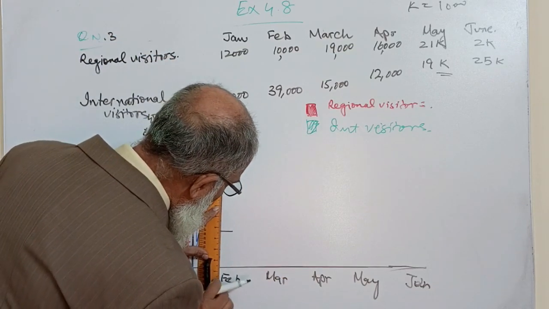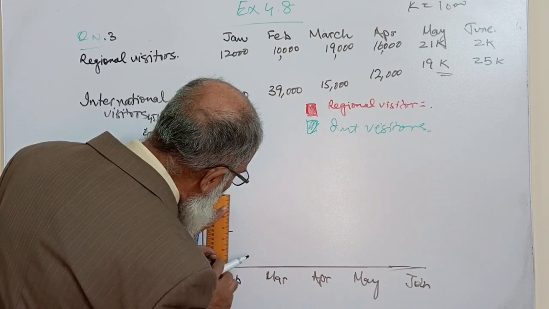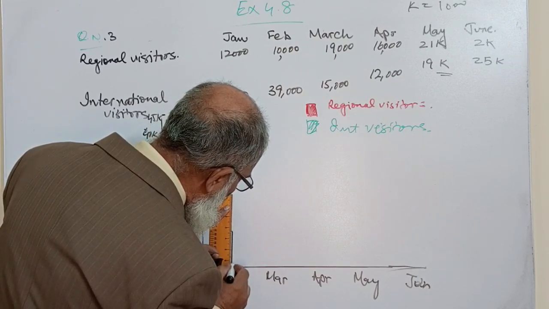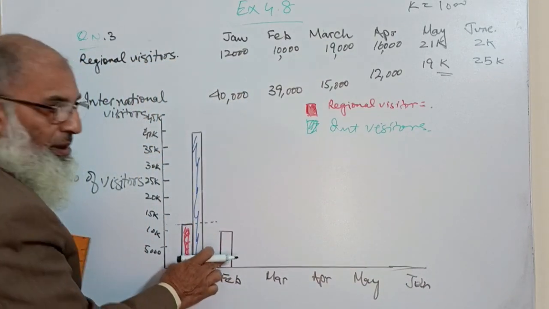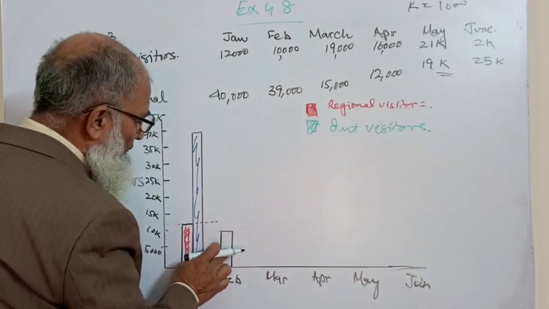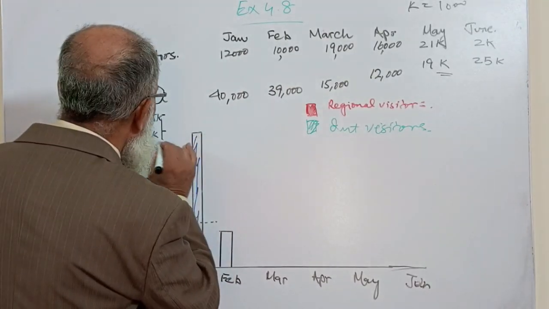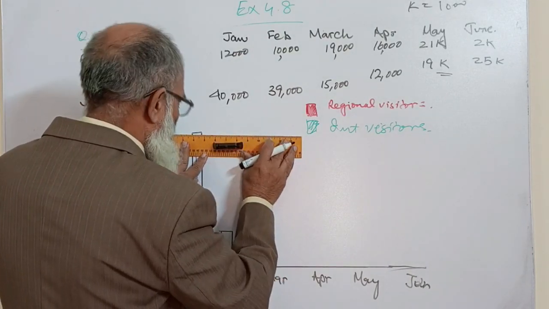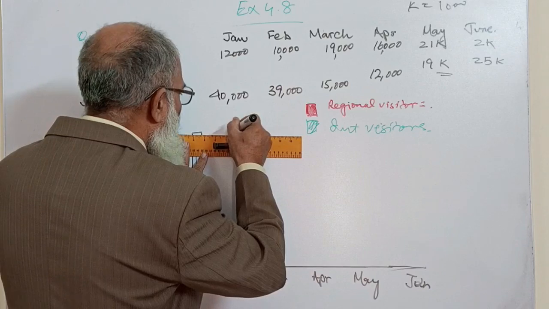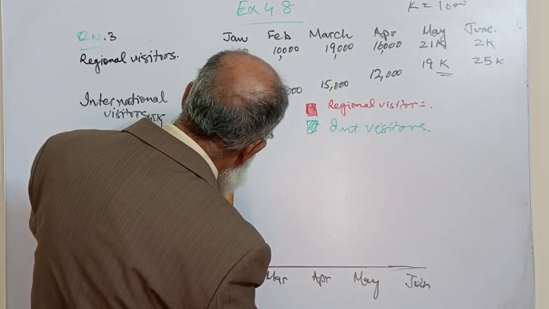Now this is Feb over here. You can make a smarter graph. Now this is for the local visitors or regional visitors, and 39 almost the same over here. Now this is 39 over here. So we'll be matching this.